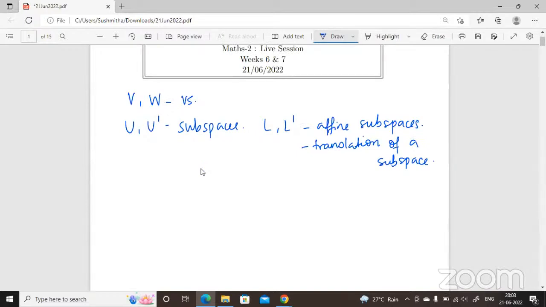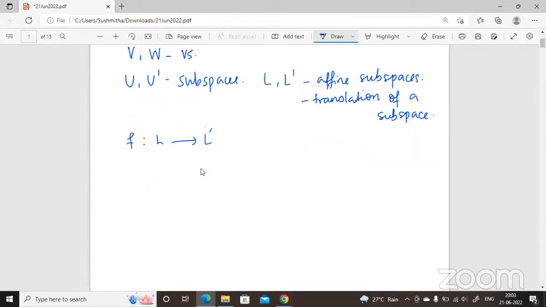And a mapping is said to be an affine mapping. So you define a mapping F from L to L prime, two affine subspaces. If L is an affine subspace, it's a translation of the usual vector subspace.